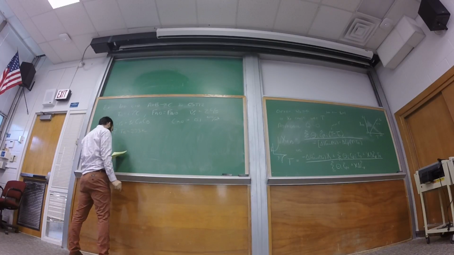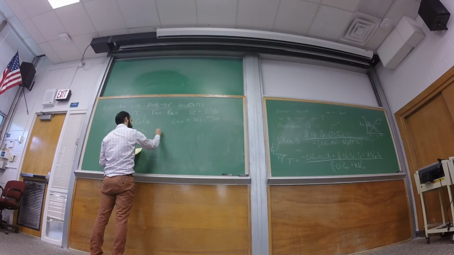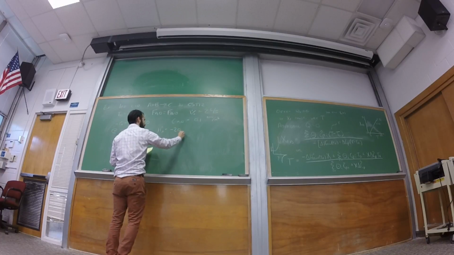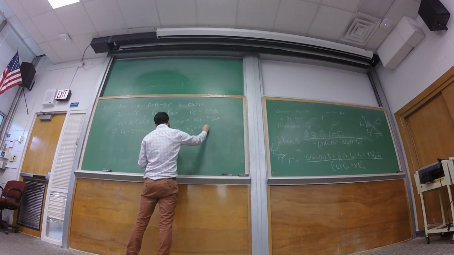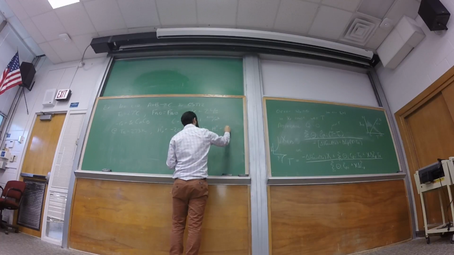At a reference temperature of 0 Celsius, the enthalpy of A is equal to minus 20. The enthalpy of B is equal to minus 15. The enthalpy of C is equal to minus 41.